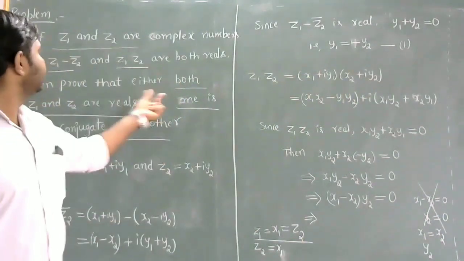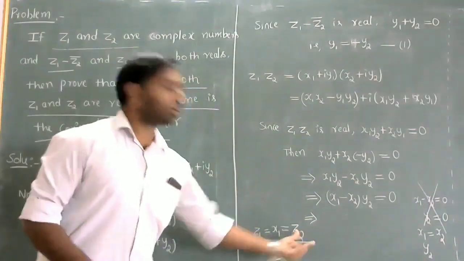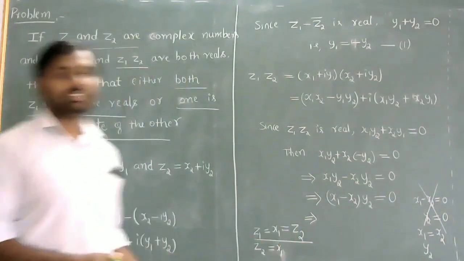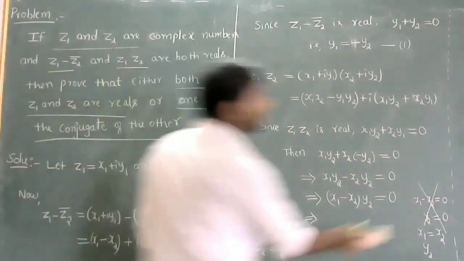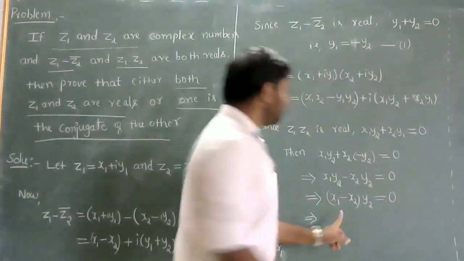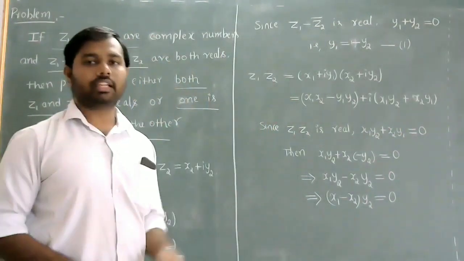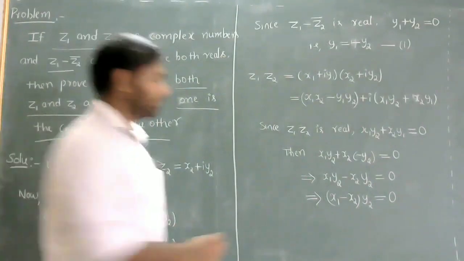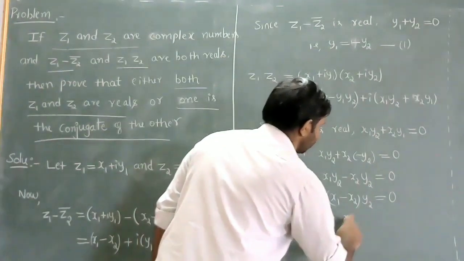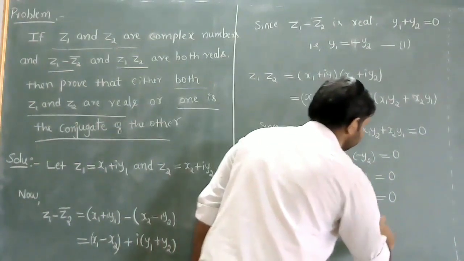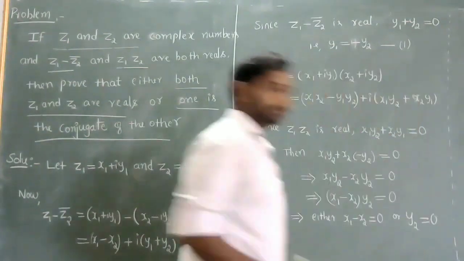In that case, both will be reals and also one is the conjugate of the other. So there is nothing to argue in this case, and we'll eliminate that case. We will not consider the case where both are equal to 0. So we consider either of the numbers being 0, which implies either x1 minus x2 is equal to 0 or y2 is equal to 0.